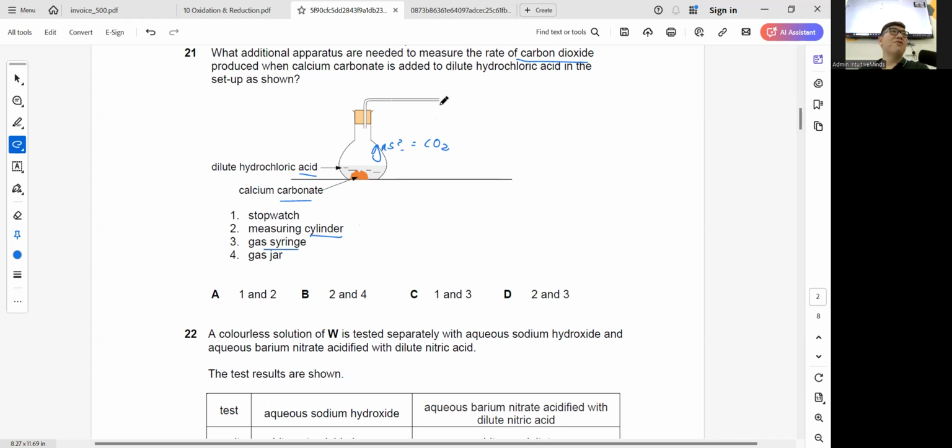Now, I would challenge you guys to draw a gas syringe in the diagram, because there's a 2-mark question there. So go and draw a gas syringe.